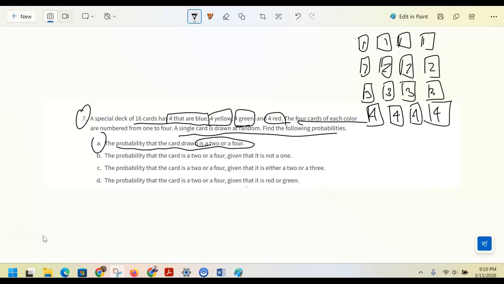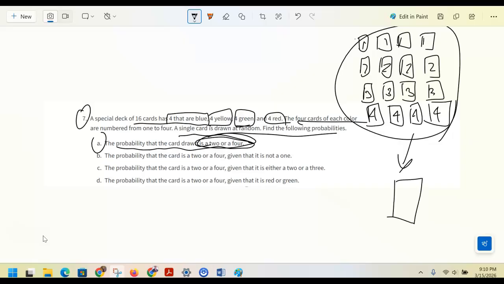The question is what is the probability that it is either 2 or 4? When you pull out one card from the 16, the card that you're going to pull has to be either 2 or 4.